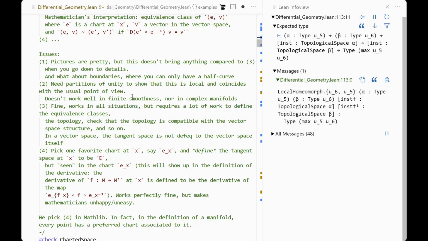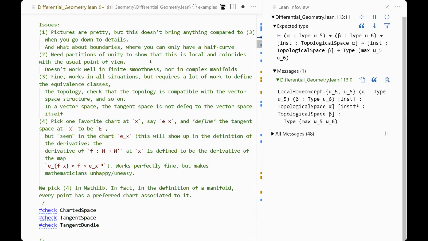This might make you a bit uncomfortable because, again, it's a non-canonical choice, but it actually works quite nicely, and you don't have to work with these equivalence relations. So in the definition of manifold, there is actually this designated chart.